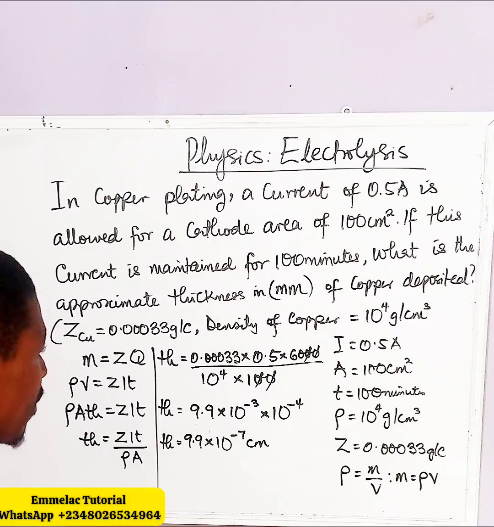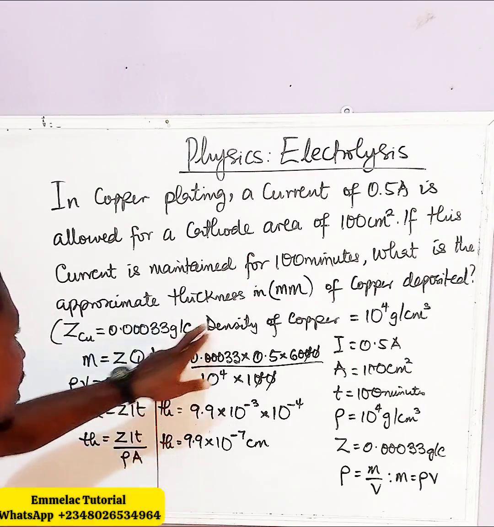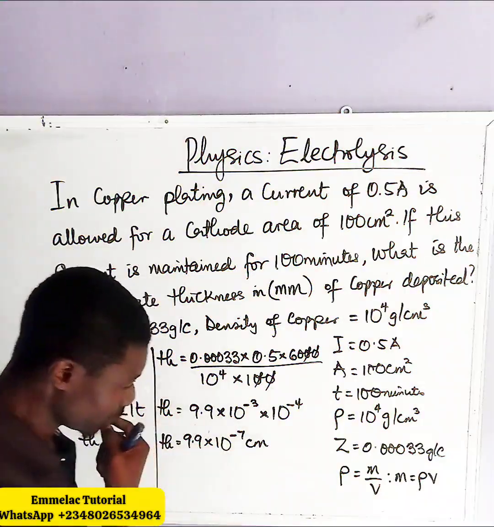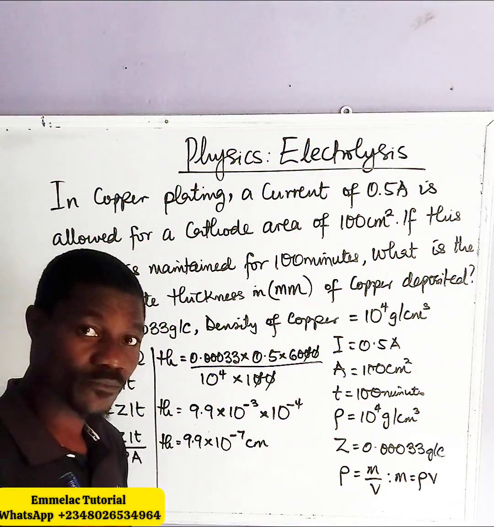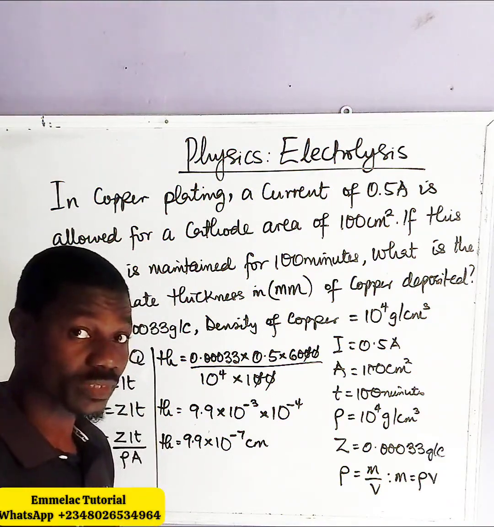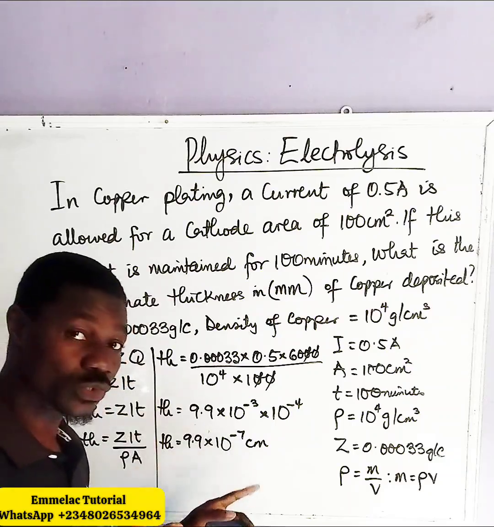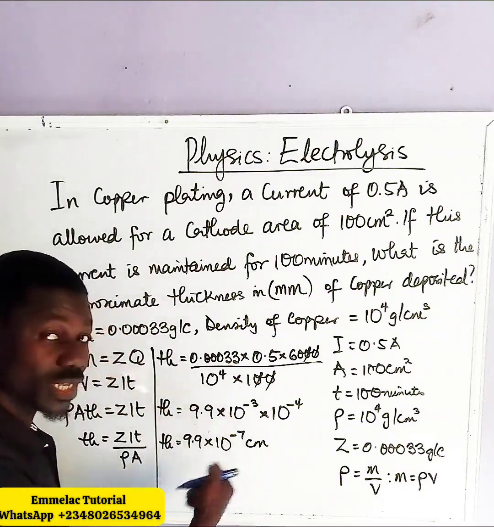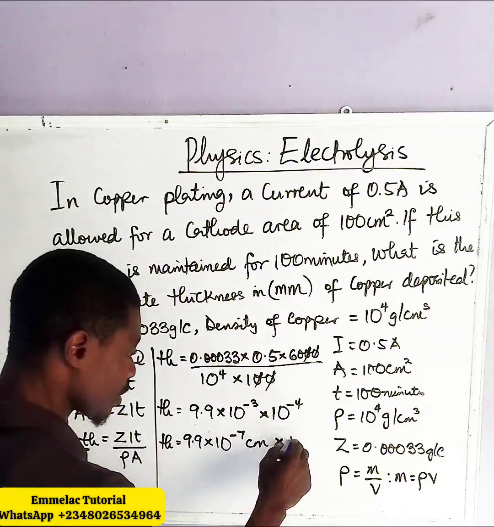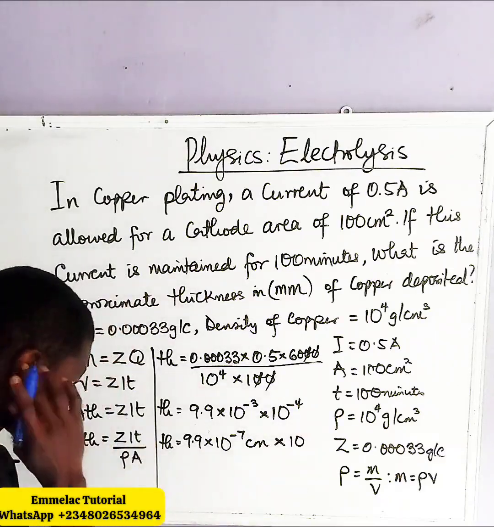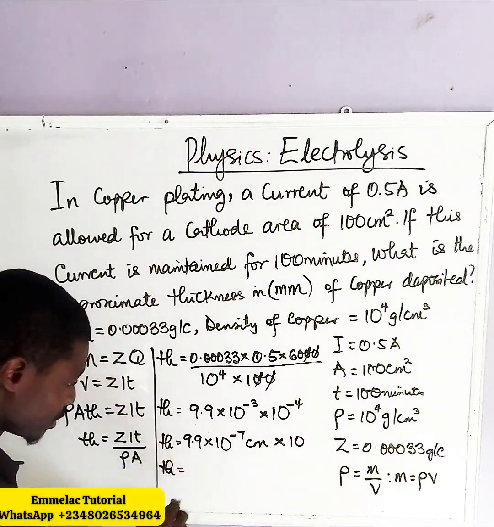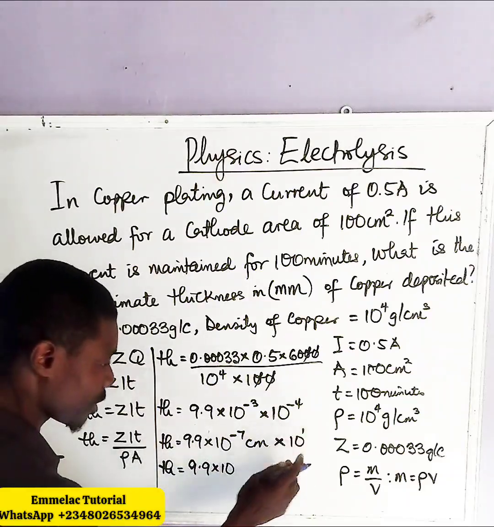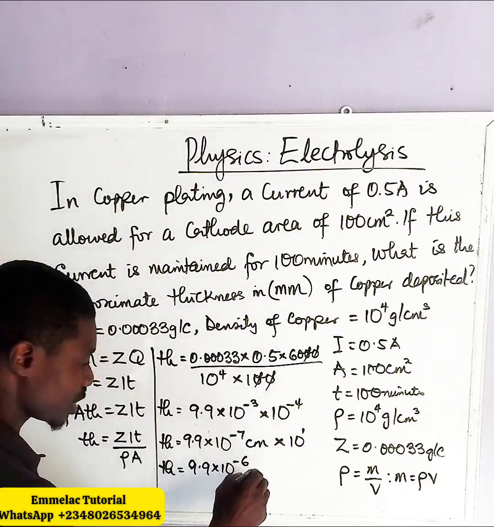And we are asked to find it in millimeter. For us to convert this to millimeter, we know that 10 millimeter equals 1 centimeter. And since this is centimeter, all we need to do is to multiply it by 10. So converting the centimeter value to millimeter, we multiply by 10. Then the thickness will now be 9.9 times 10 raised to the power of minus 6 millimeter.